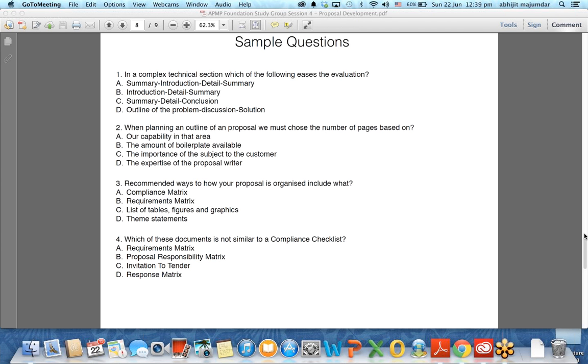Typically how many pages should an executive summary be written with? Your executive summary should not exceed more than 4 pages. Try to keep it brief, and always try to arrange your executive summary with most quantified data, quantified information, and informative headings.